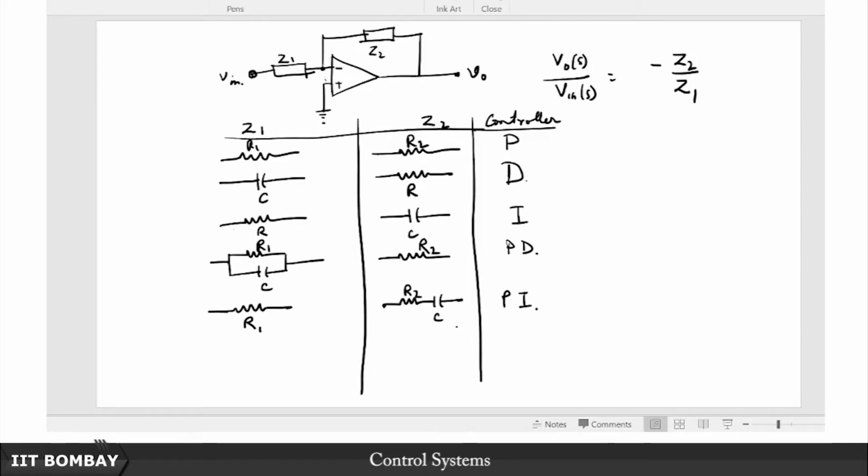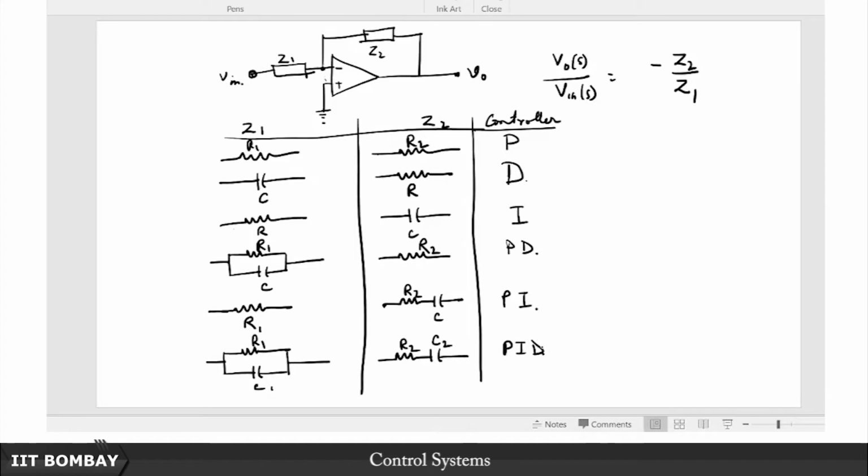So now if you want a PID to be cooked up out of this, it's almost straight away you can see that you will just have to put in the PD block from here and the PI block from here. So then what you have is this is R1 and this is a C1, and then on this side you have R2 and a C2, right.